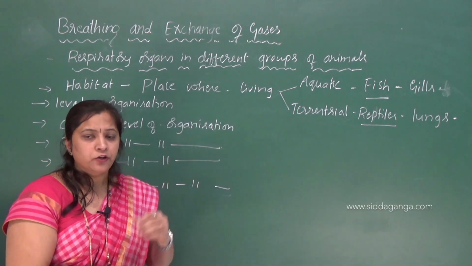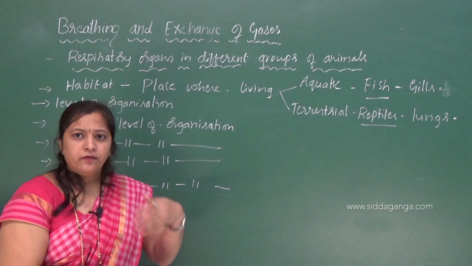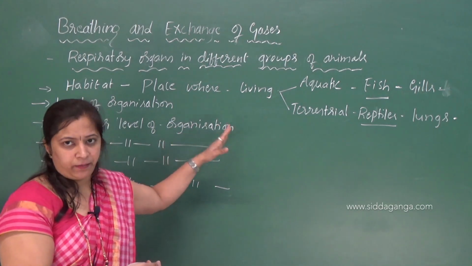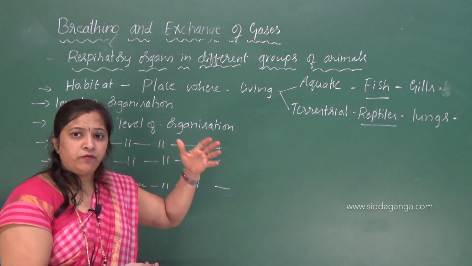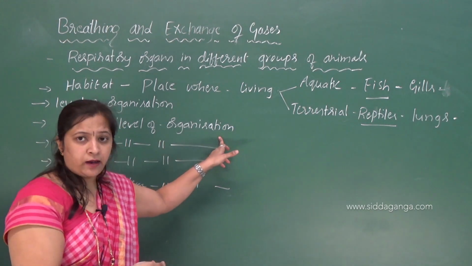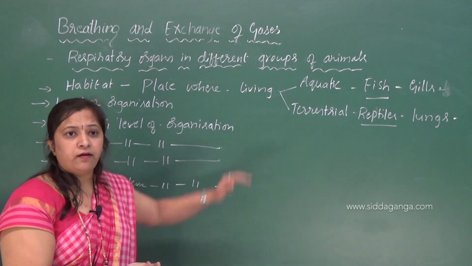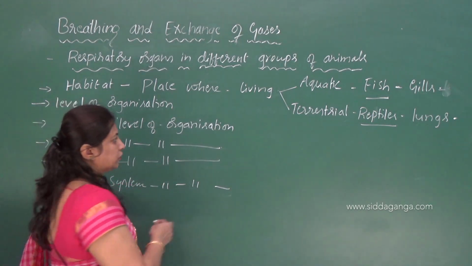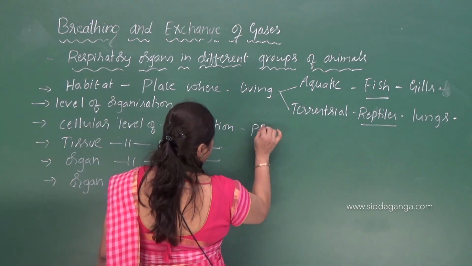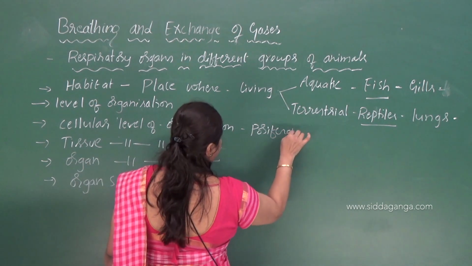So whatever the body functions are there, they are carried out by the cells independently. So the body functions are carried out at a cellular level. So in sponges, the level of organization is cellular level of organization. This we can see in case of poriferans.